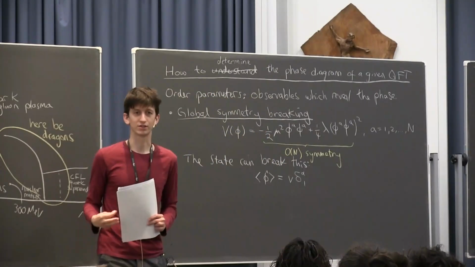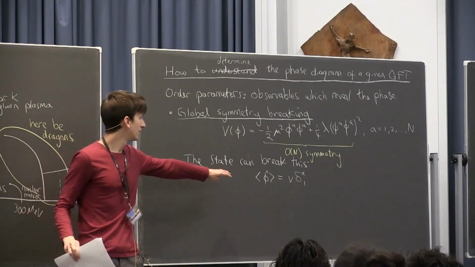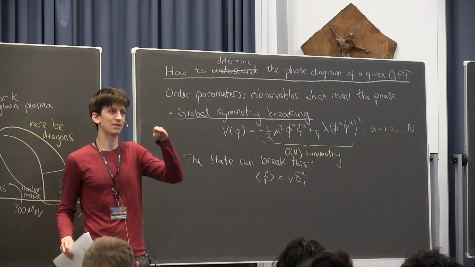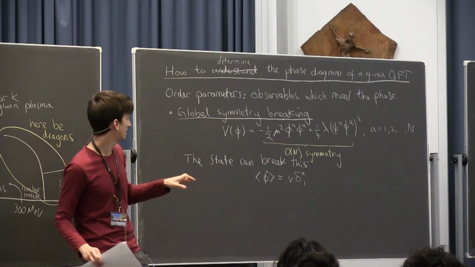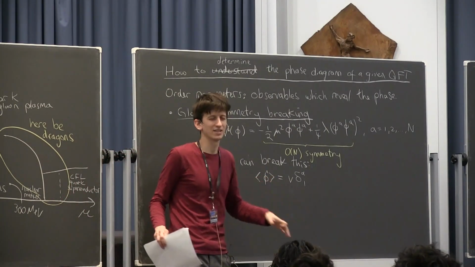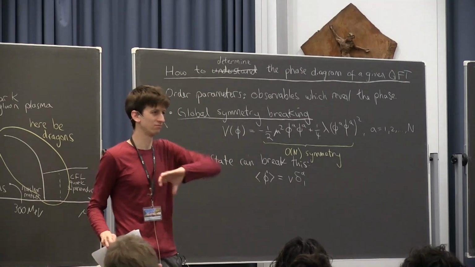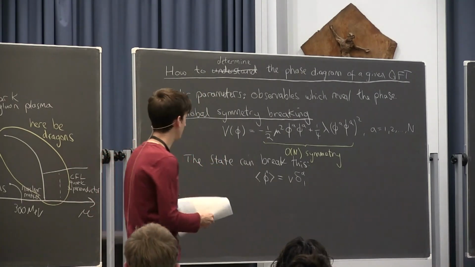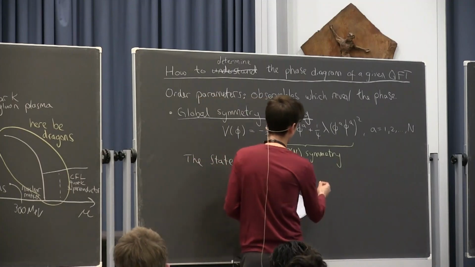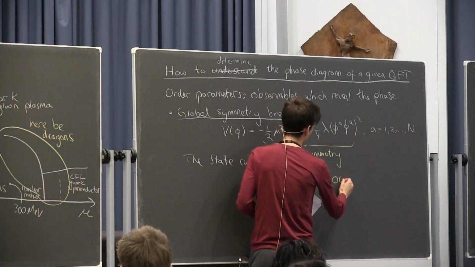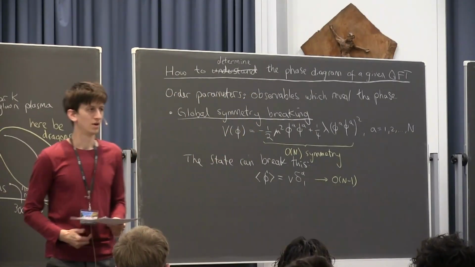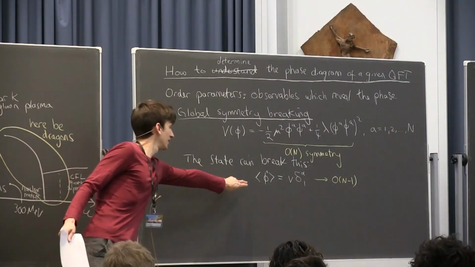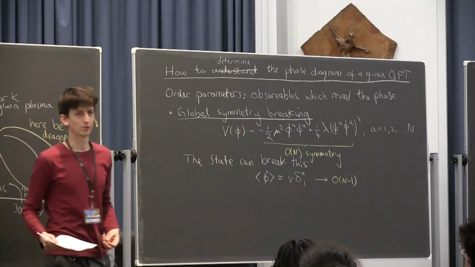So it's just in the first direction. You can think of this as just being an n-dimensional vector. It has something in the first direction. What symmetry does that break? It breaks symmetries that rotate the first direction, but it doesn't break symmetries that rotate 2 to n. You can rotate 2 to n. Fine. So this breaks us down to O(n minus 1). Then this, in that case, would be our observable, which tells us which phase we're in.